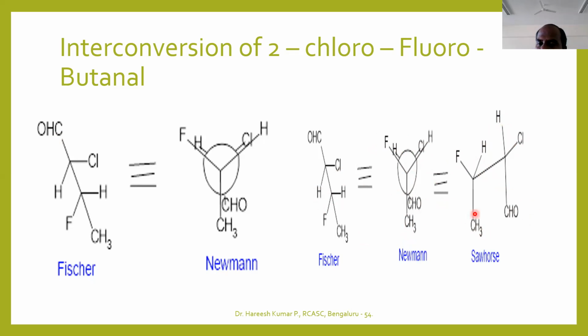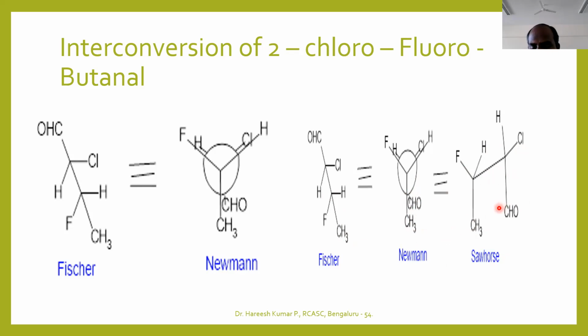So you can observe that this CHO group is exactly the backside of this CH3 group. That is the reason we can say that this is the eclipsed Sawhorse representation. Similarly, this is the eclipsed Newman representation. Okay, so this is how you can convert Fisher into Newman, Newman into Sawhorse projection formula.